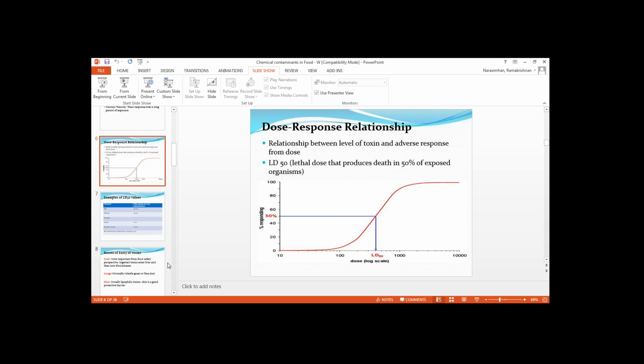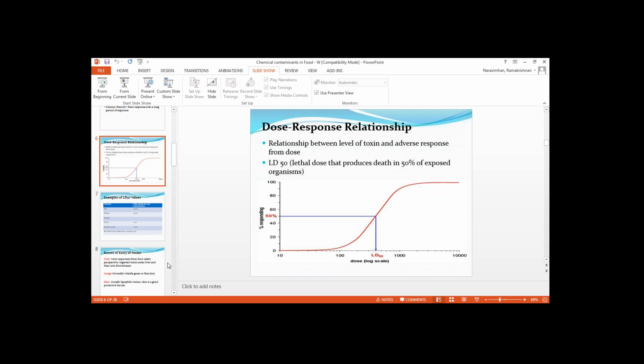A common measure is LD50. Some of you may be familiar with the concept of LD50, which is the lethal dose that produces death in 50% of exposed organisms. The concentration that will produce 50% death in a population of animals is known as the LD50 value.